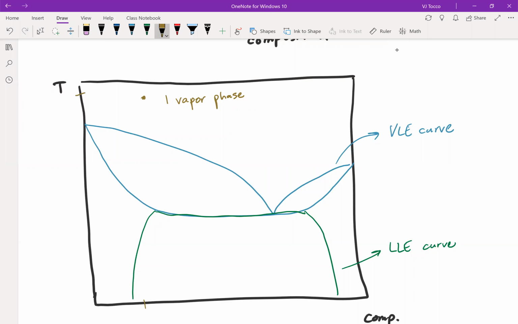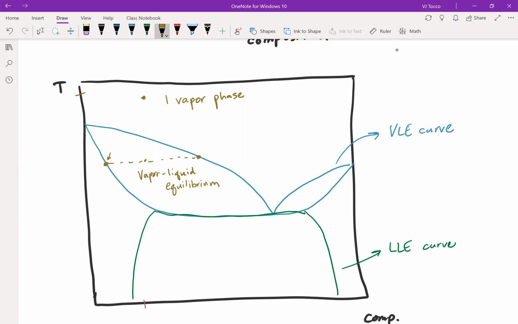In this region, I have vapor-liquid equilibrium only. I'm just drawing one example point, by the way. It applies to the entire region. Where I draw a tie line, that gives me the composition of the liquid phase over here. This is the composition of the one liquid phase that exists. This is the composition of the one vapor phase that exists.